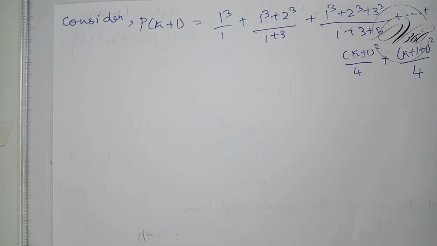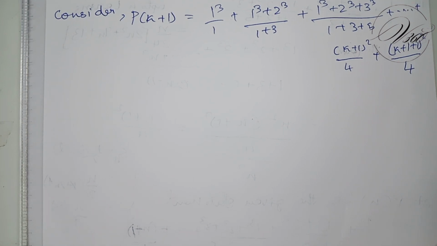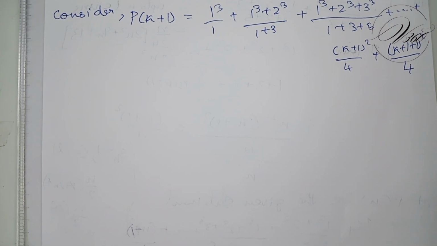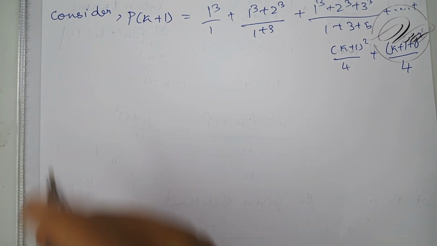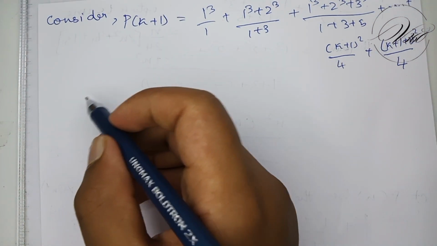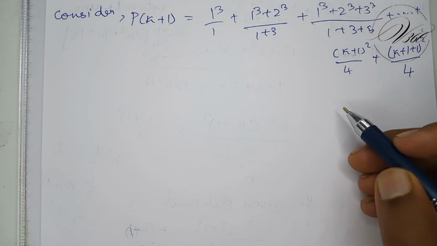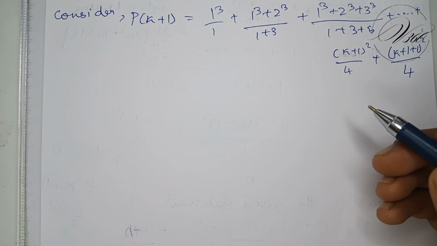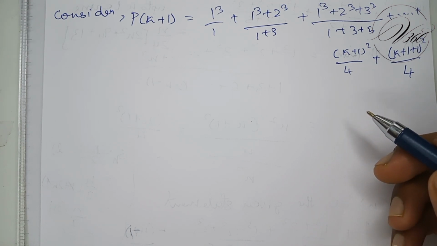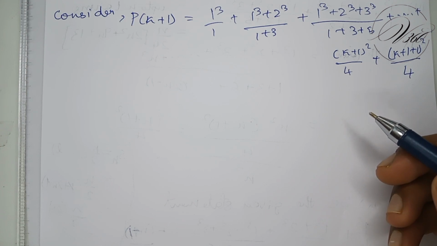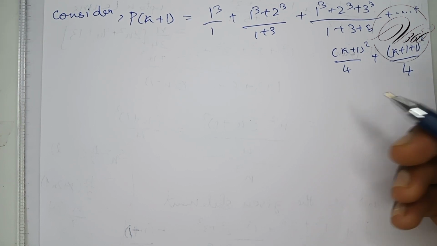Sorry for this. Now I think you can see all this clearly. Now here we have p of k plus 1 equals 1 cube by 1 plus 1 cube plus 2 cube by 1 plus 3 plus 1 cube plus 2 cube plus 3 cube by 1 plus 3 plus 5, then plus up to k plus 1 whole square by 4 plus k plus 2 whole square by 4.